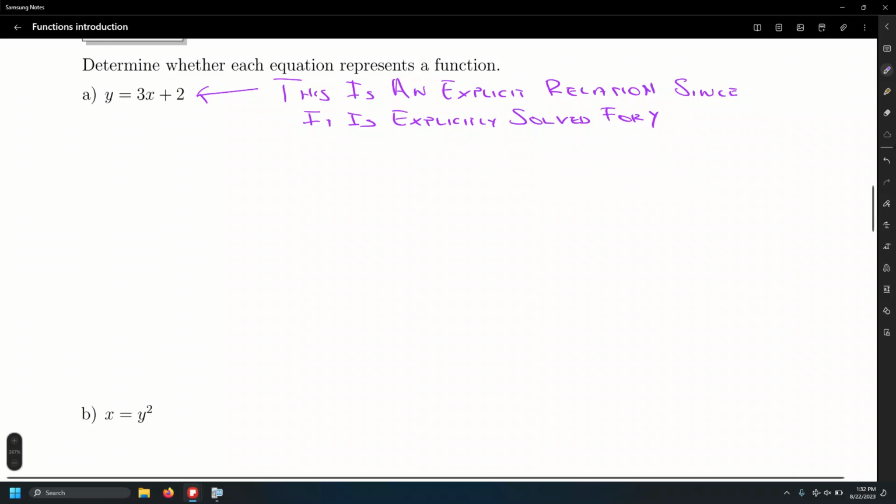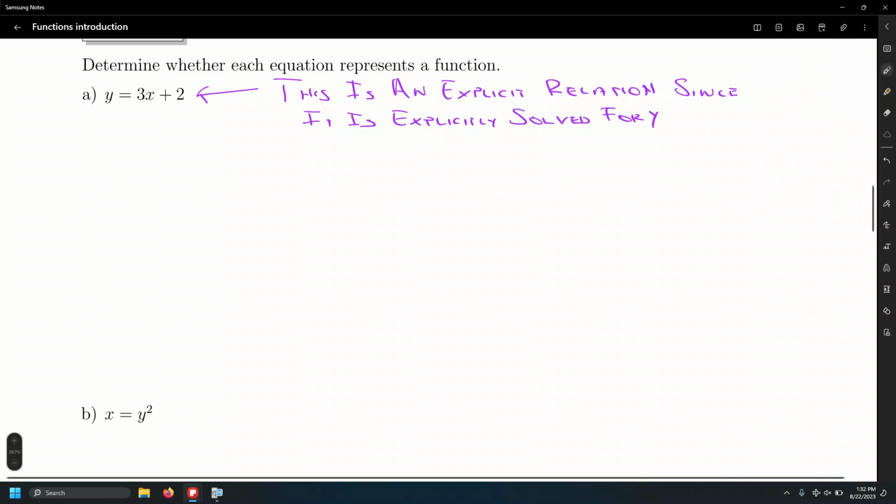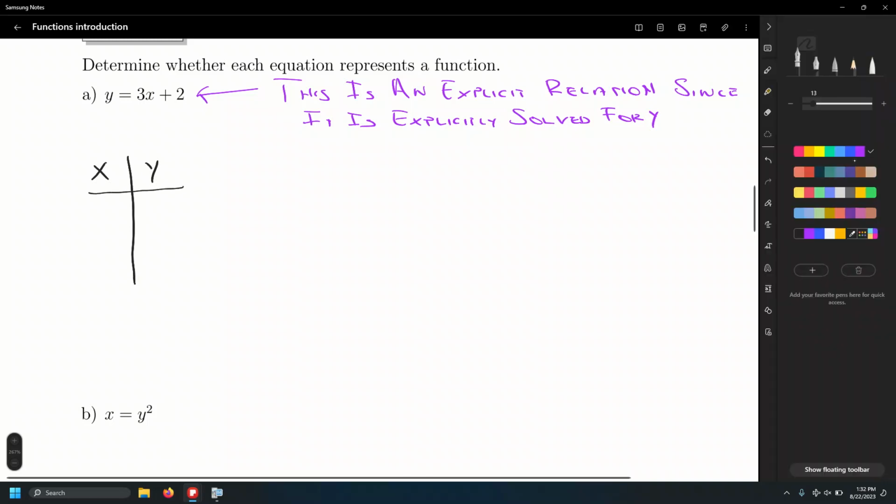However, if you're not convinced of this, and I'm pretty sure you're like, wait, why or how? Well, check this out. Let's make a table of values. Not too many. Again, x and y. For example, I'm going to start with 0, 1, and 2.